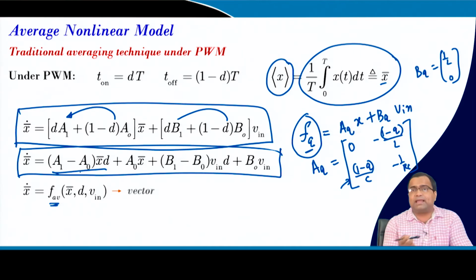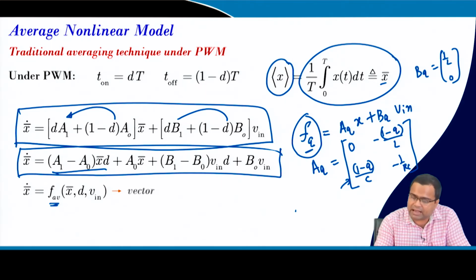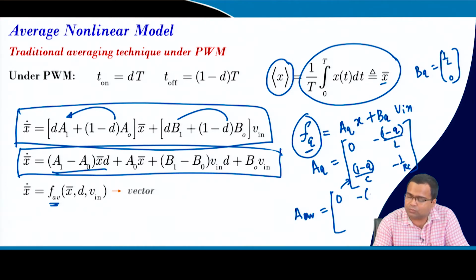But after you apply averaging, that means you are averaging over a cycle, this discontinuous q is replaced by the duty ratio d. That means, I can say the A average is nothing but 0, minus (1 minus d) by L, (1 minus d) by C, minus 1 by RC.